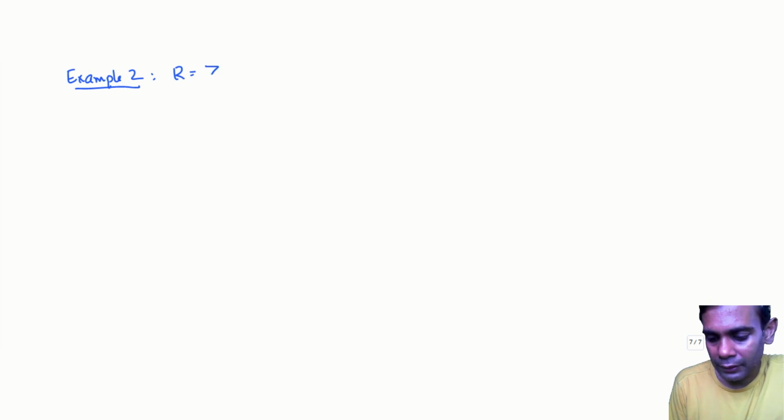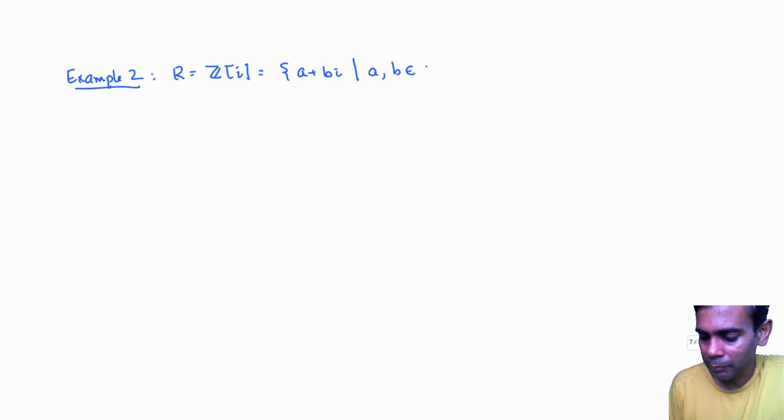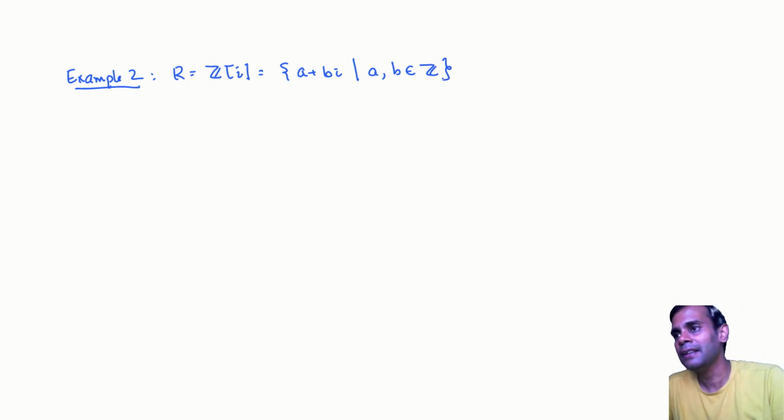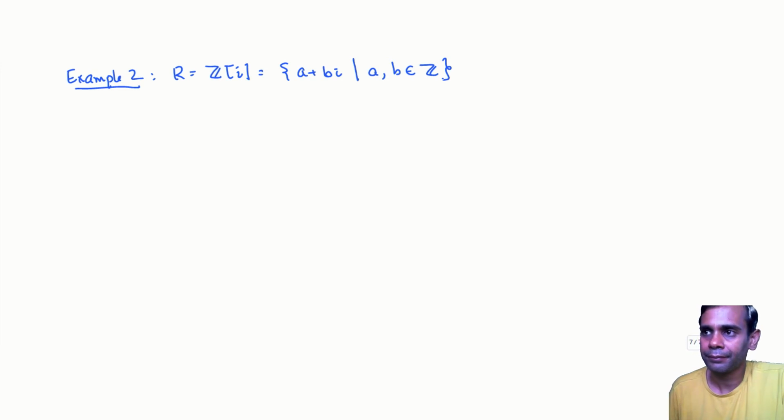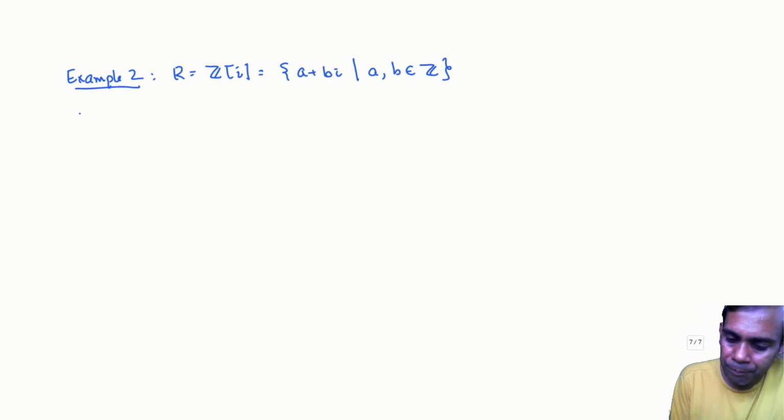Let's look at a second example. In this case, we'll take R to be the ring of Gaussian integers. Remember, these are complex numbers of the form a plus bi, where a and b are integers. And we had seen that this is in fact a Euclidean domain. So now, what is a typical element of the field of fractions?